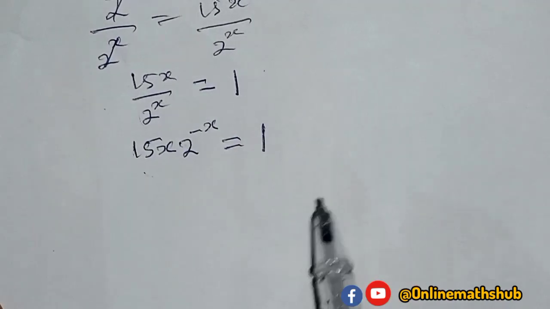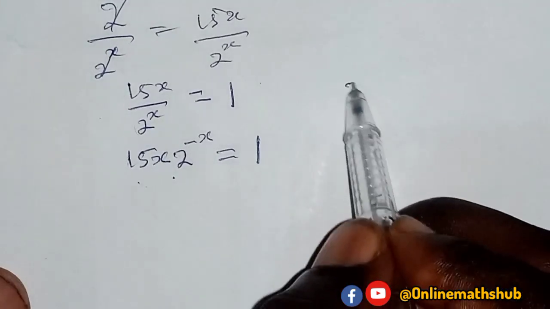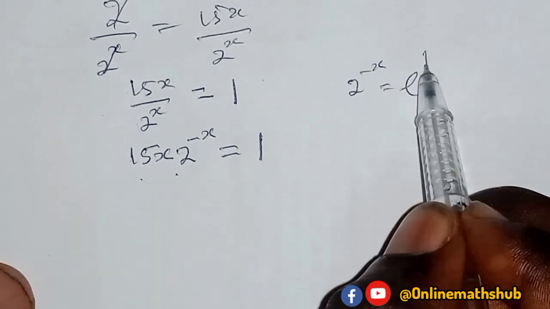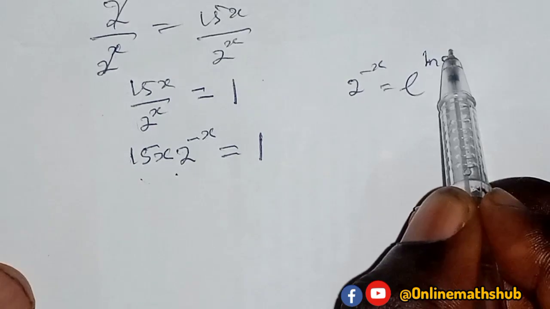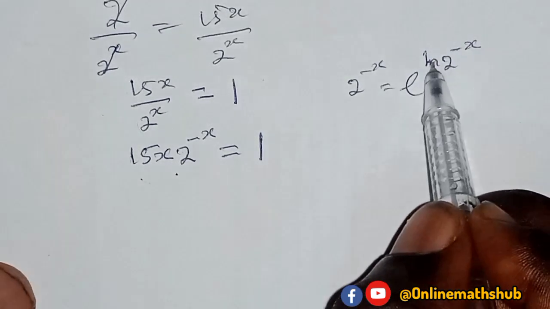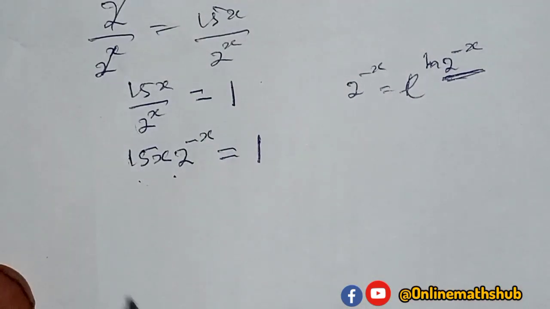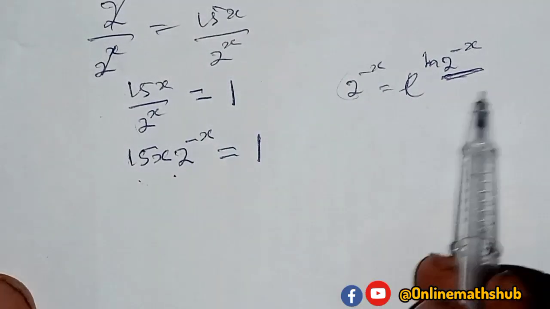Moving forward, I can rewrite this 2 raised to power minus x as exponential of ln of 2 raised to power minus x. Of course, ln can cancel this, and I'm left with 2 raised to power minus x. So let me just rewrite this as this.